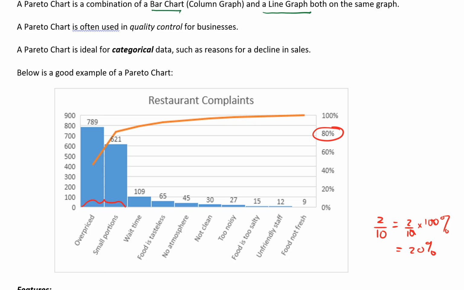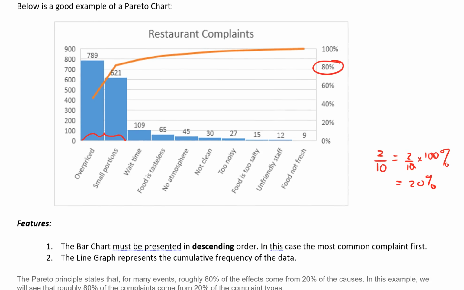It is pretty easy to see that we jumped with the number of people surveyed up here to 80%. 80% of the people surveyed is now covered by these two areas that they've identified as issues. That makes it very easy for the business to address these if they want to reduce the number of complaints that they get. So yes, 80% of complaints are over these two areas. Address these two areas and you should be able to improve your business.